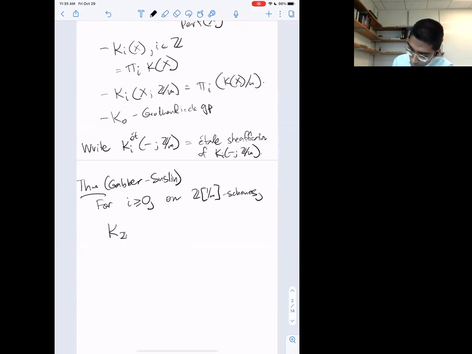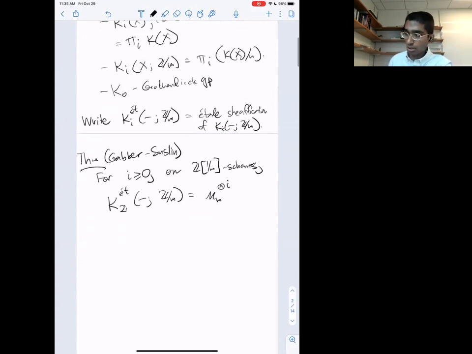K_{2i} étale with Z/m coefficients is given by μ_m^{⊗i}, and K_{2i+1} étale with mod m coefficients is just 0.